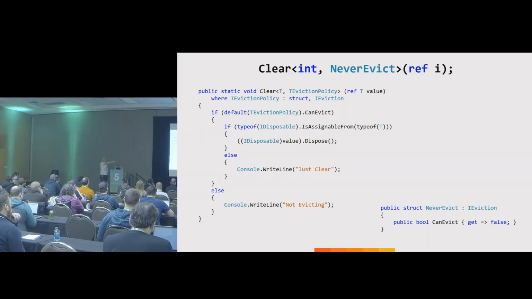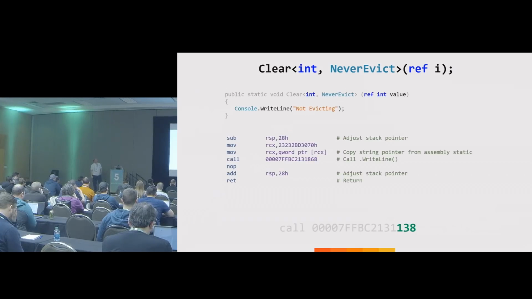And you remember what happens when something is false or true, so it's a constant. The code gets eliminated. So this is what is important to us, but it ends up looking like this. If you don't trust me, go to the assembler and you will see this. This is our 138 version.